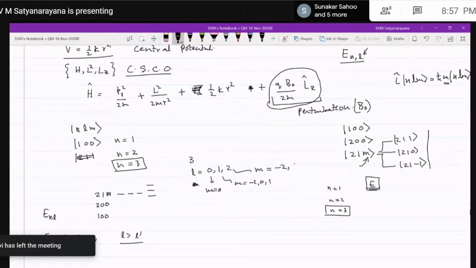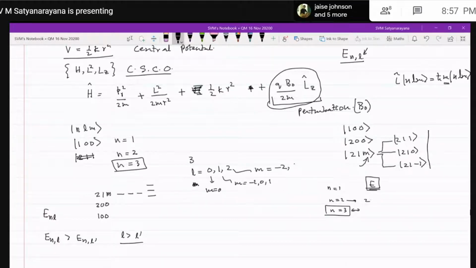So now I cannot treat this as my second excited state, because 200 will be the next lower energy and 21m will be the next higher energy. If you are considering only 32m, you will get 5 distinct states.